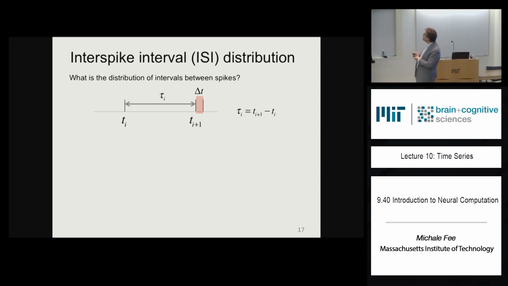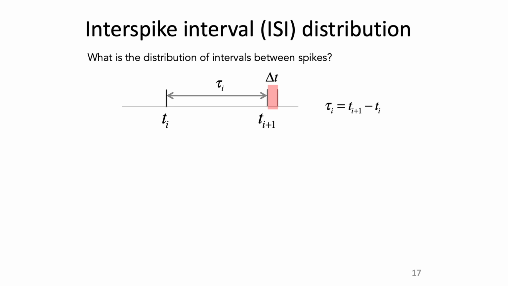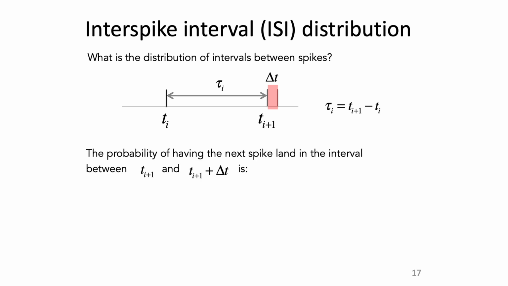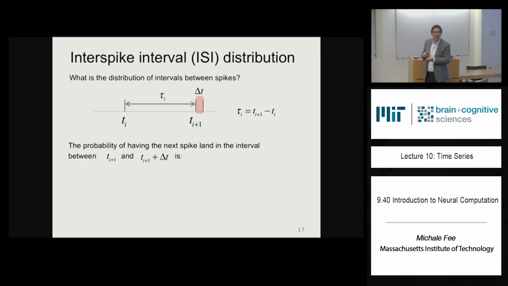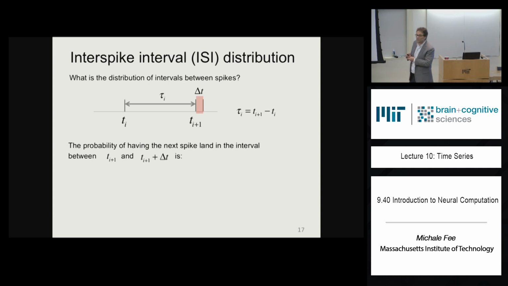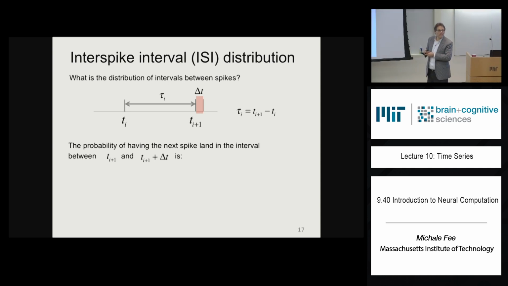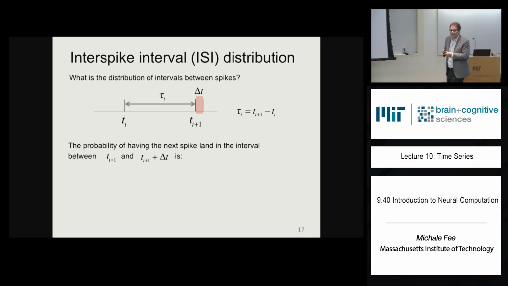So let's calculate that. So tau sub i is the interspike interval between the i+1 spike and the ith spike, all right? So the probability of having the next spike land in the interval between t of i+1 and t of i+1 plus delta t in this little window here is going to be the probability of having no spike in this interval times the probability of having a spike in that little interval.